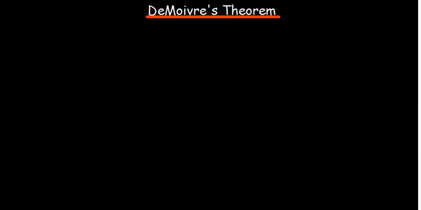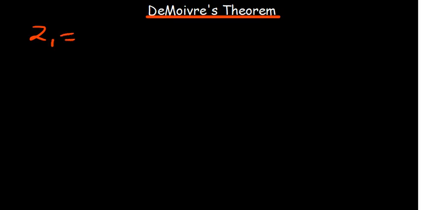Now, the basic operations we've learned under the polar form are going to help us come up with what we call De Moivre's theorem. I'll take two assumptions. Let's say we are talking about z1.